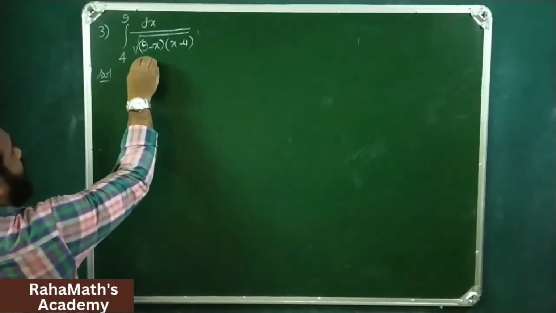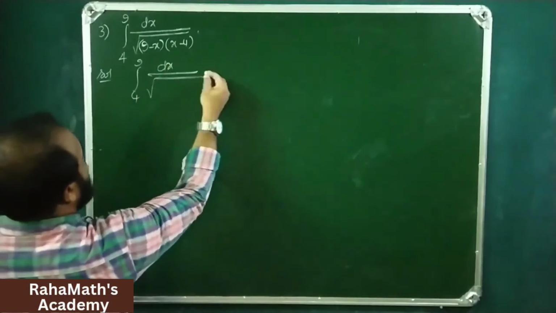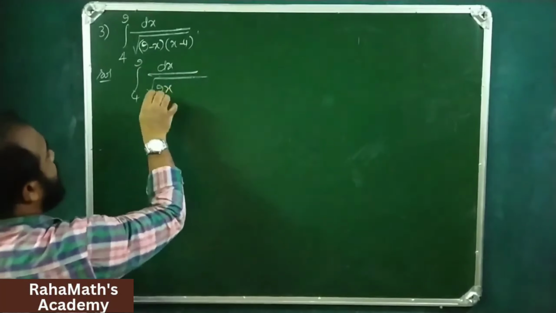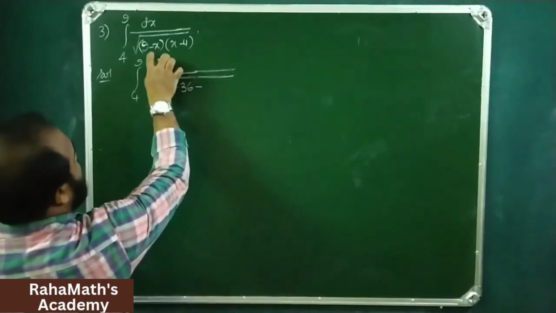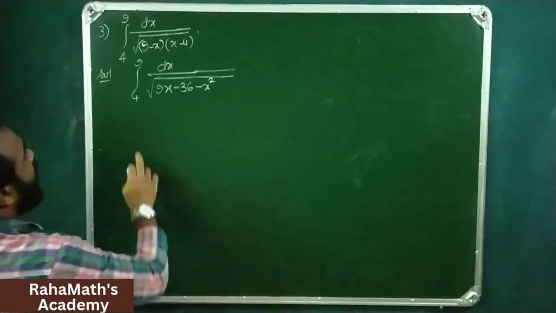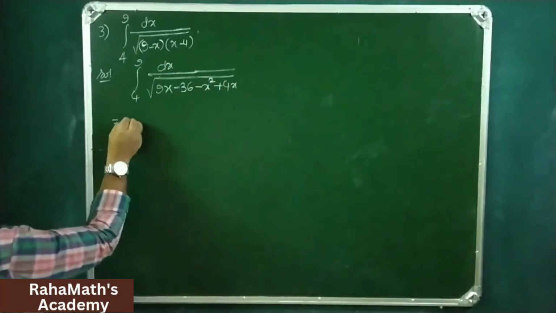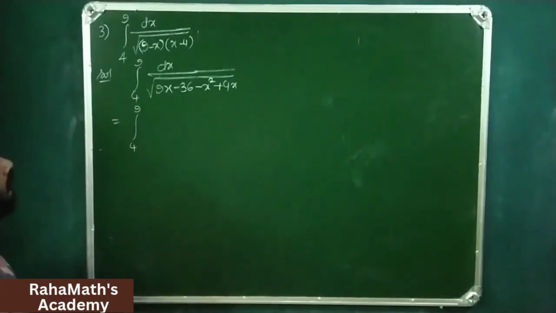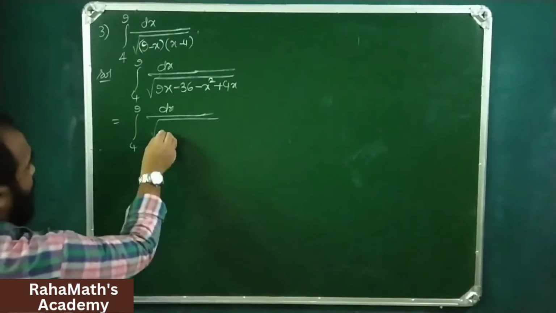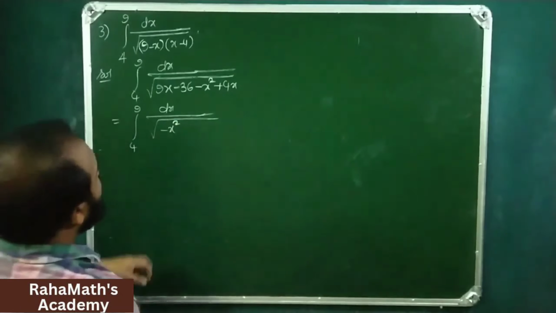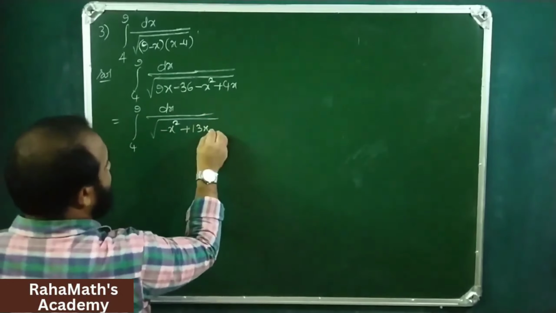Integral 4 to 9 dx by, you just multiply: 9 into x, 9x, minus 9 into 4, 36, minus x into x, x square, minus into minus plus, so 4x. This is equal to 4 to 9 dx by square root of minus x square, 9x plus 4x is 13x, minus 36.